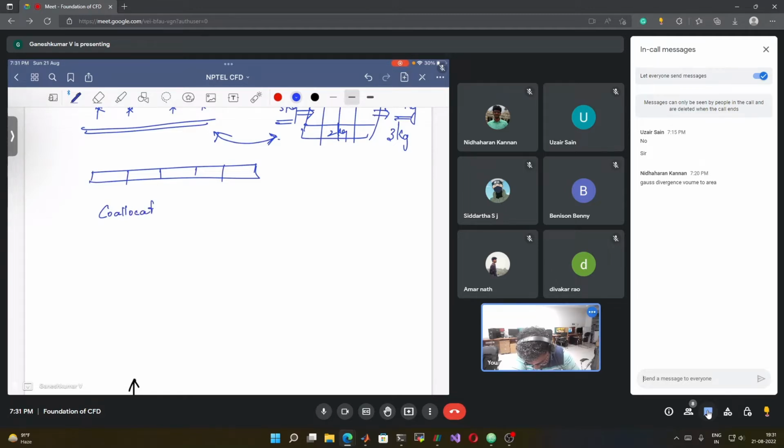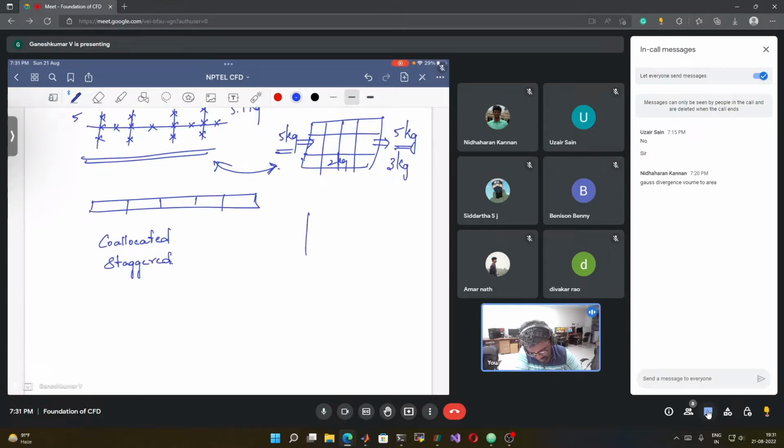You will soon learn about this in the coming lectures. In a collocated mesh, there will be one mesh, and you will store the values in the center of the cells, but this value is representative of the whole control volume.